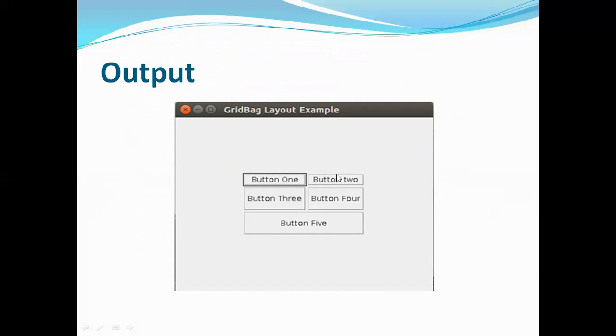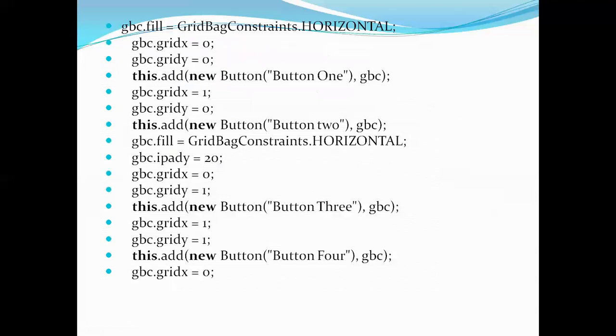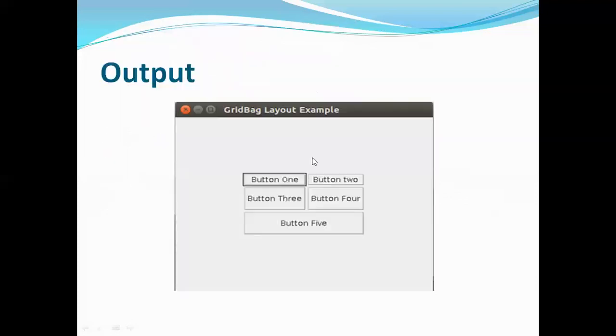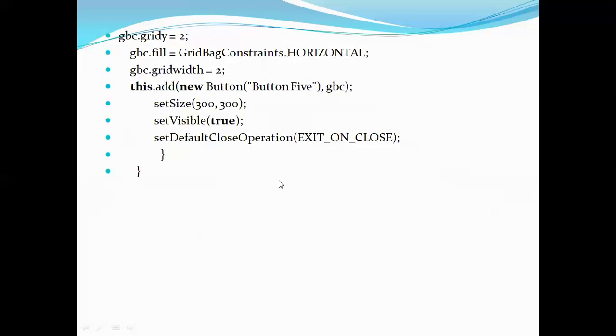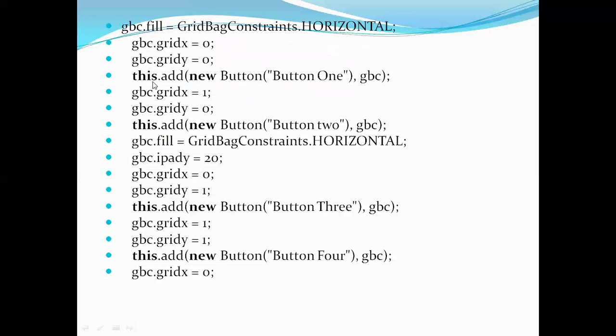Likewise x 1, y 0. Here gbc.gridx equal to 0, gridy equal to 0 means this location. In this location you are adding this.add(new button, button 1, gbc).